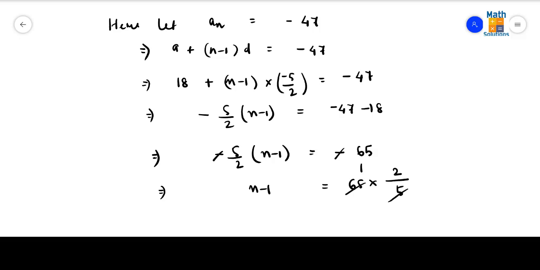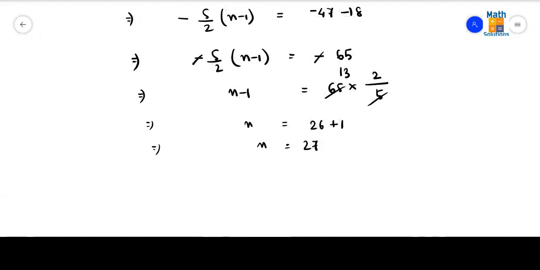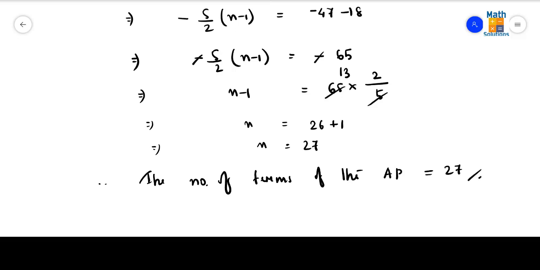So after cancellation it is 13. So n will be equal to 26 plus 1, and my answer will become n is equal to 27. This implies the number of terms of the AP is equal to 27, and this is the answer.